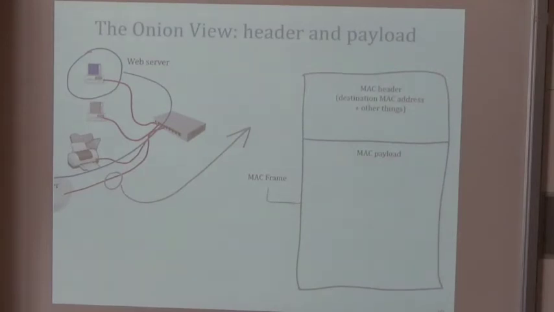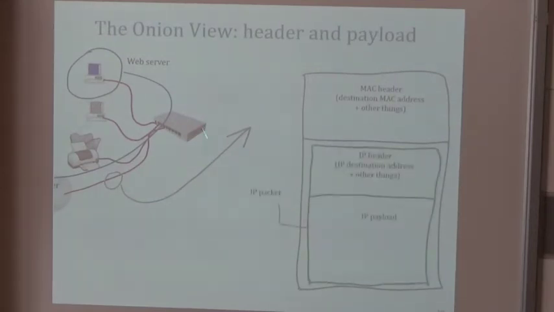The last way of seeing the things we've been discussing in this module is to see how things fit together, which is what you do when you look at packet capture traces. When we send a packet over Wi-Fi or Ethernet, we have a frame that has a MAC header that contains, for example, the destination MAC address, plus other things that Wi-Fi needs, for example, to avoid collisions between multiple senders.